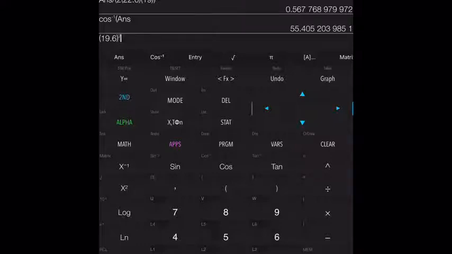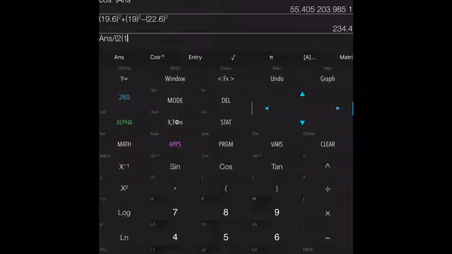So 19.6 squared plus 19 squared minus b squared, and then divide that again. Since we're dividing by multiple terms, we're dividing by 2ac.